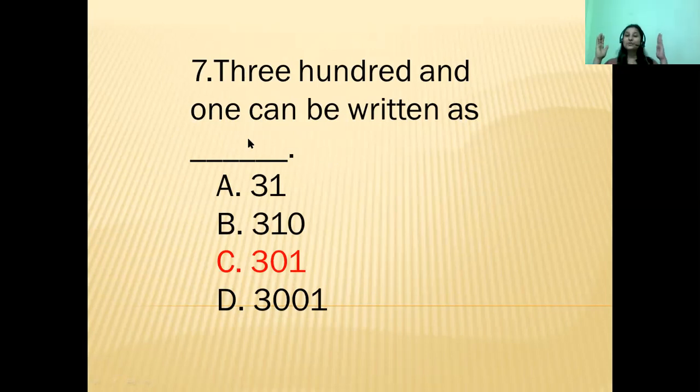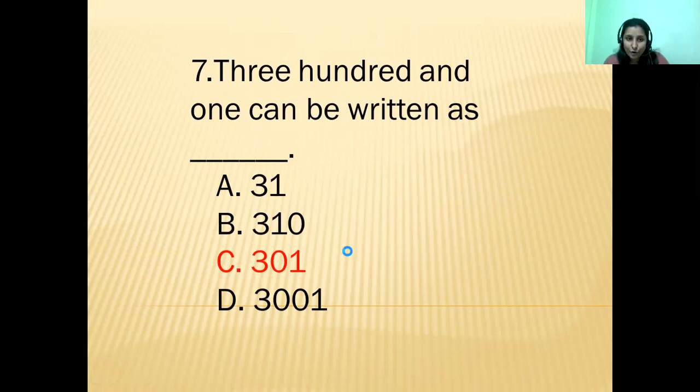So if the tens place is not mentioned in the question, that means on the tens place 0 is there. That means we write the 301 like this. Option C, 301, 300, 0 tens and 1 ones. Okay? If you are correct, then tick the correct. If you are wrong, then cross it. Okay?